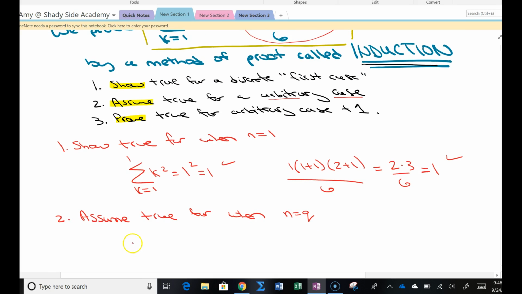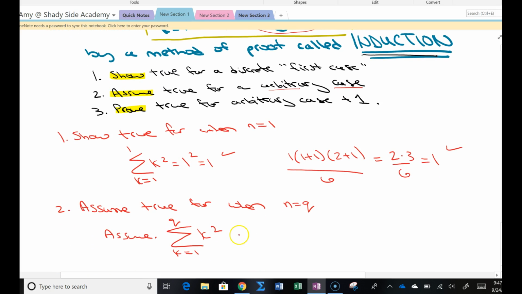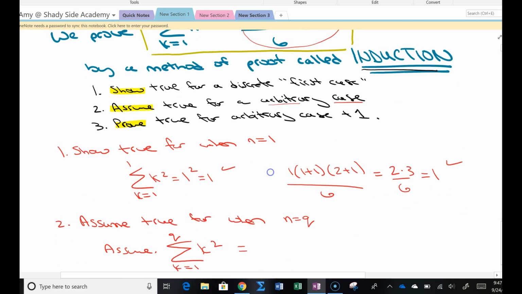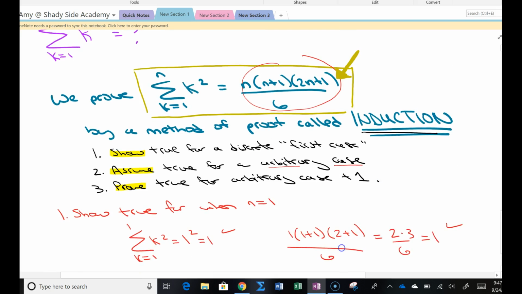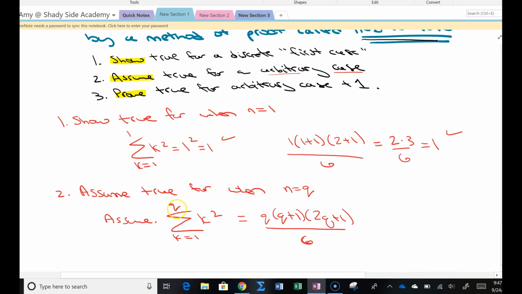So I'm going to assume that the summation from k equals 1 to q of k squared, again, I'm assuming this is true, should equal what, everyone? Now watch your n's, k's, and q's. This should equal q times q plus 1 times 2q plus 1 all over 6. So I have now made that assumption. Again, make sure you're clear as to where all the n's and q's went.